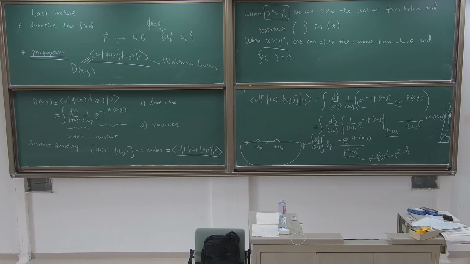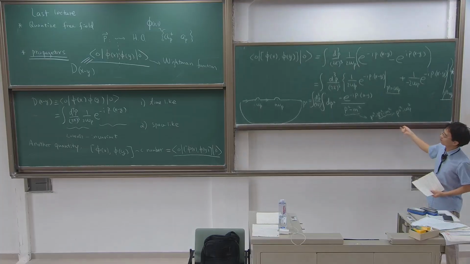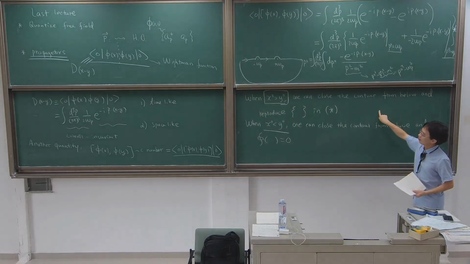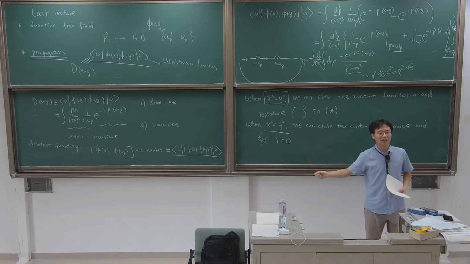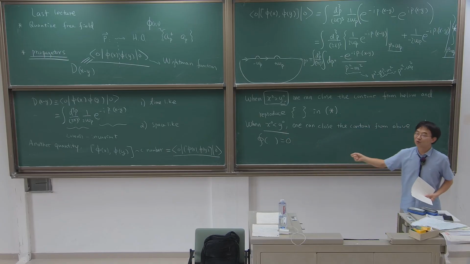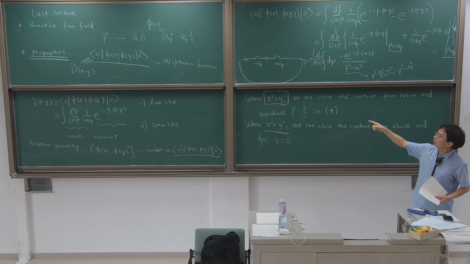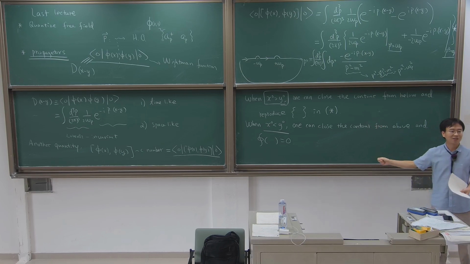But again, carefully justify the infinite behavior of this integrand function. You realize that this is only possible if x0 is greater than y0, not the opposite. If this is the opposite, by a similar argument, we can close the contour from above. In that case, we will get 0.